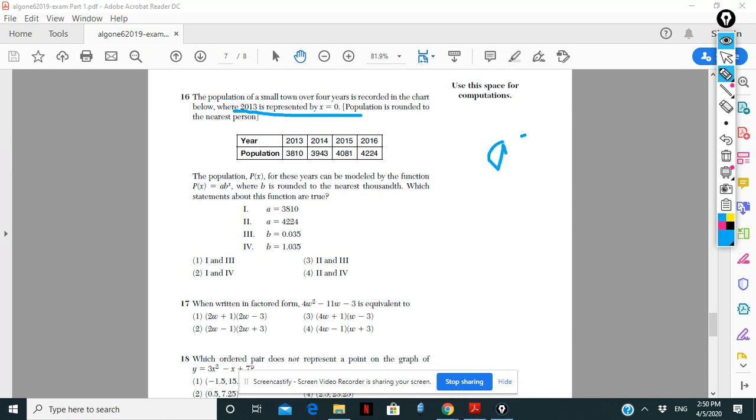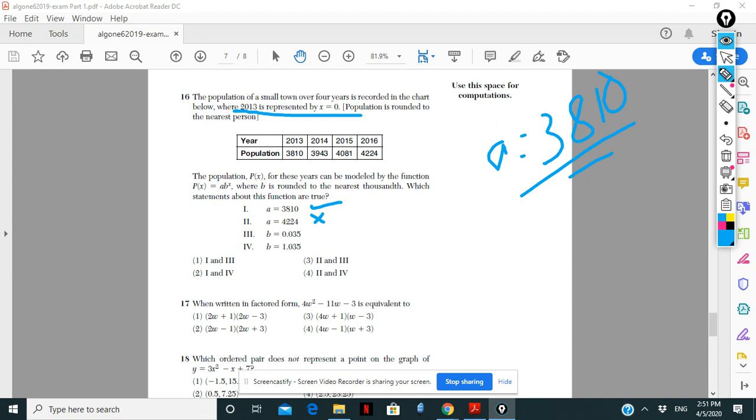The a is 3,810. Now, so I found the a cannot be this one. The second part, I have to find the b.